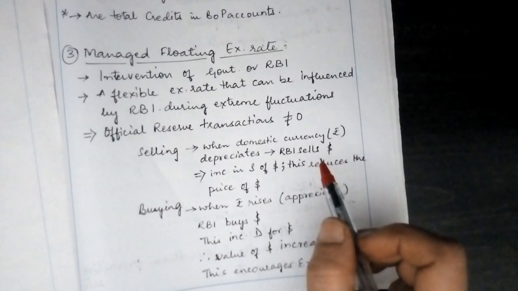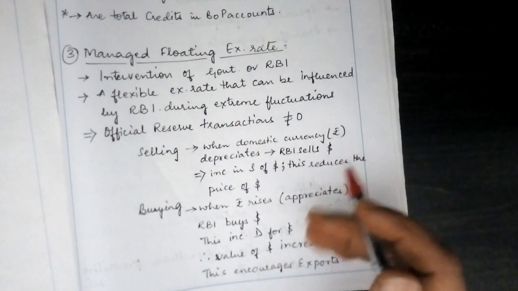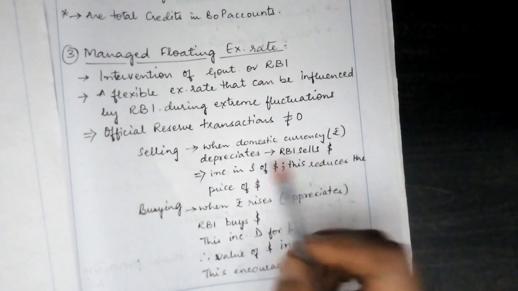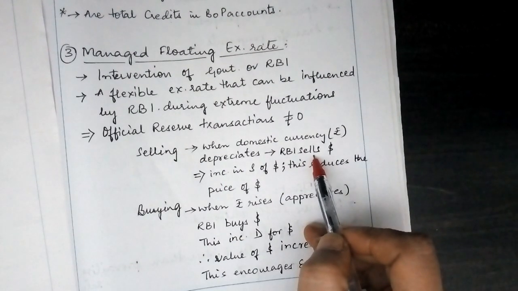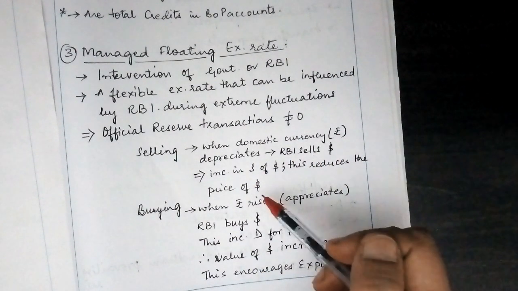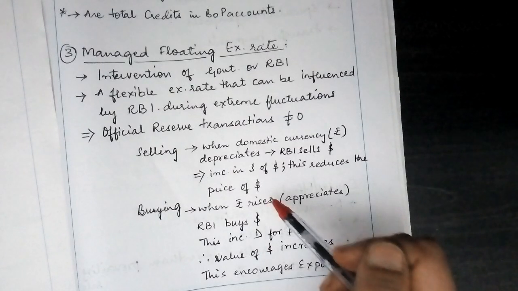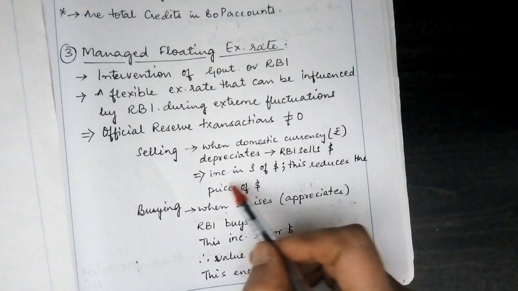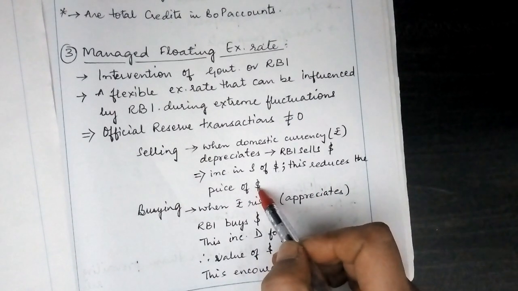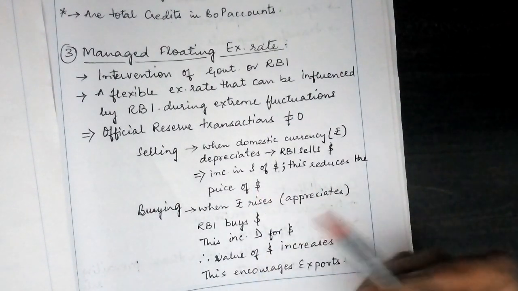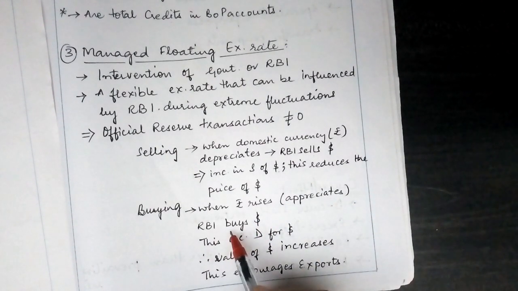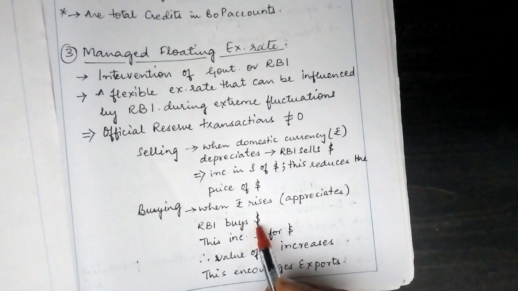When the central bank realizes that the market value of the domestic currency is heavily depreciating against the dollar, it would like to restore its value by selling US dollars in the international money market. So by selling the dollars, the bank expects to increase the supply of dollars. This reduces the price of dollars. Then when the rupee rises or appreciates, the RBI intervenes and buys the dollars from the market.